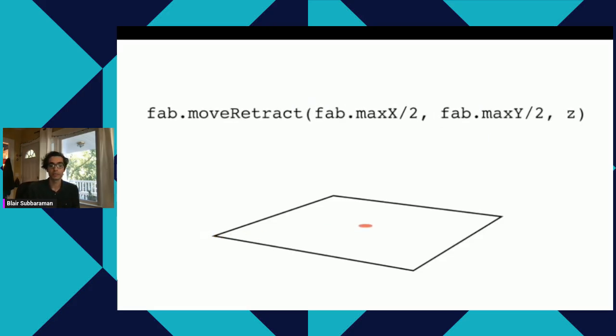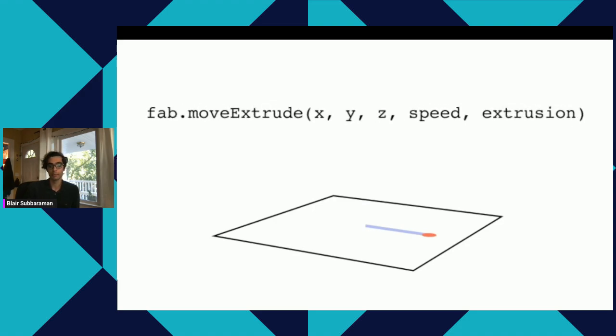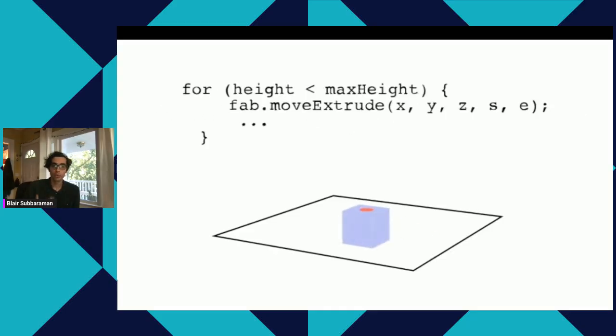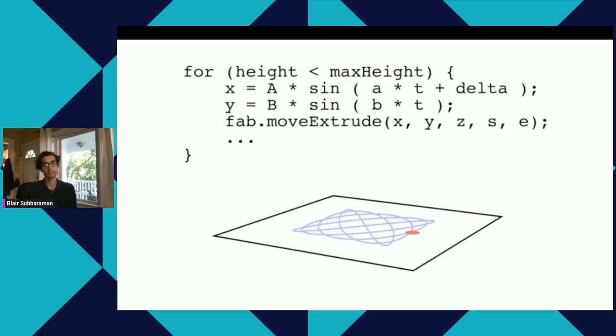So we could get to the center of the machine by accessing the max X and max Y properties. And then we can extrude some material by using the move extrude command. We can specify some more details about how to do that. And then we can quickly use this simple set of commands to build up more complicated objects.